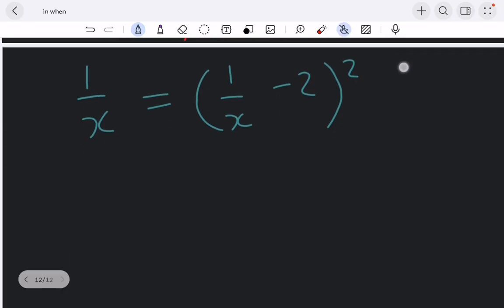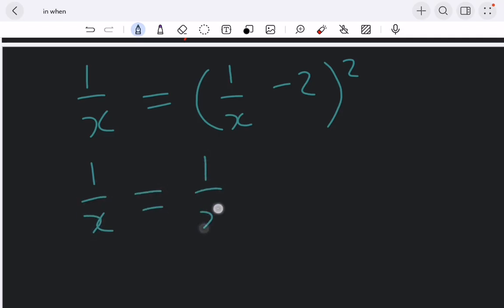And then now scrolling down a bit, we're going to get 1 over x is equal to 1 over x minus 2 squared. We're just going to have 2 brackets of this because it's squared here. Let me not get ahead of myself and leave you guys behind.